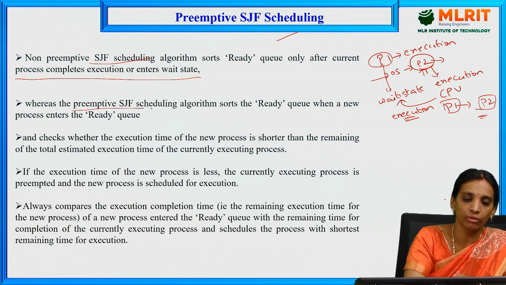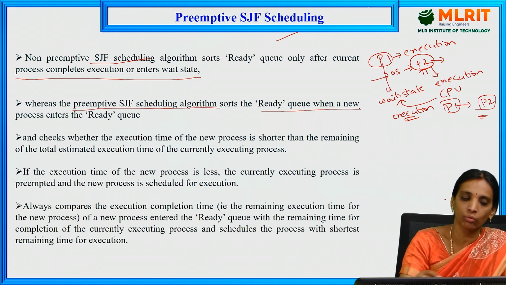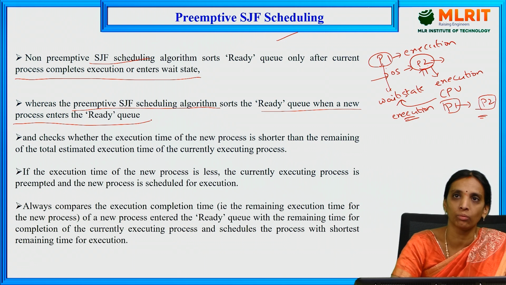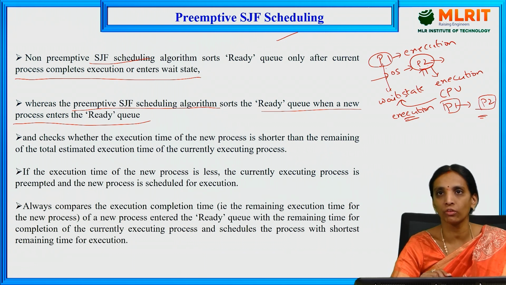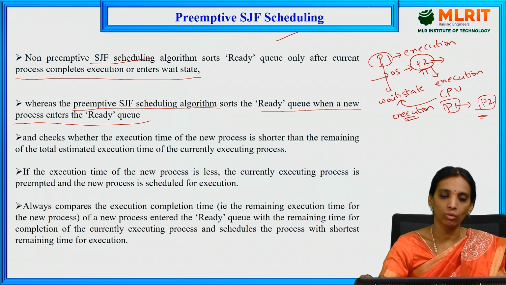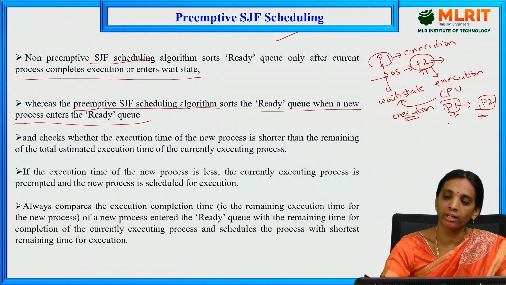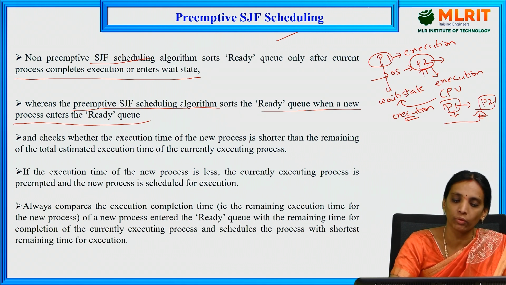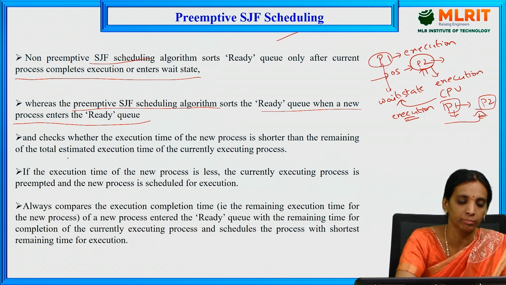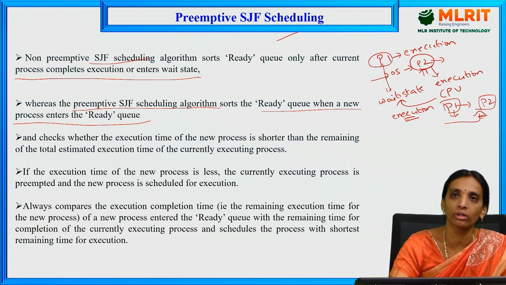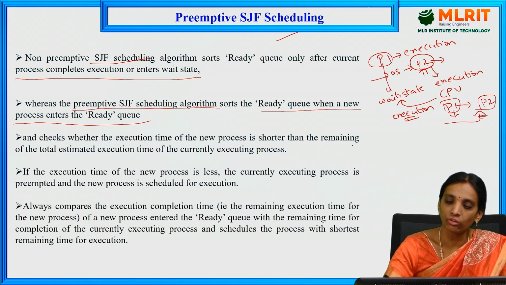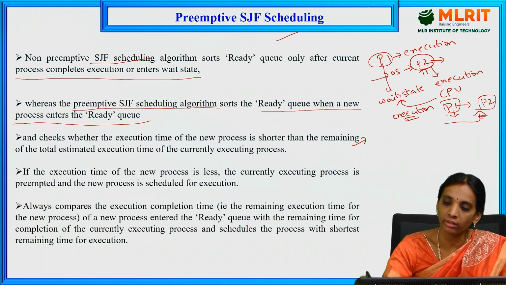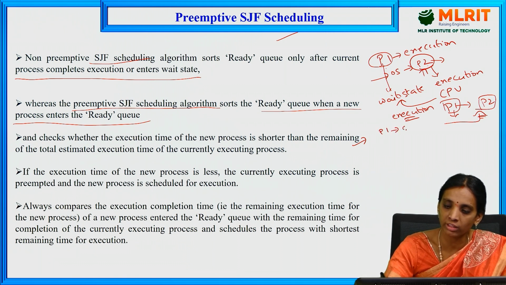But in the preemptive scheduling algorithm, the ready queue is examined when any new process enters into it. Based on the priority, when a new process enters the ready queue, the current process is preempted and the execution flow is given to the other process. It checks whether the execution time of the new process is shorter than the remaining estimated execution time of the currently executing process. So the scheduler checks the execution time of P1, which is currently executing.